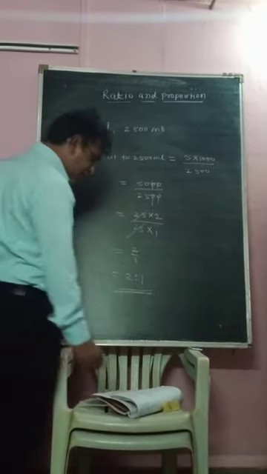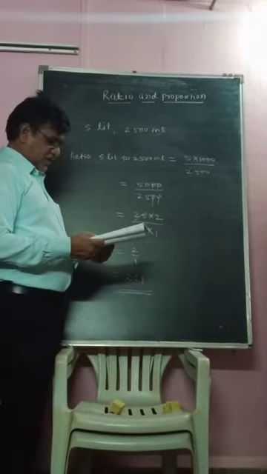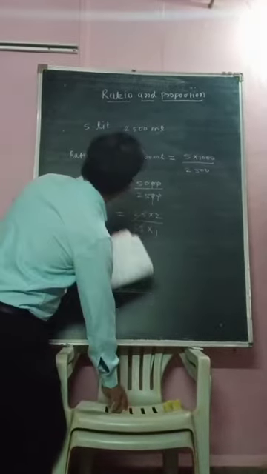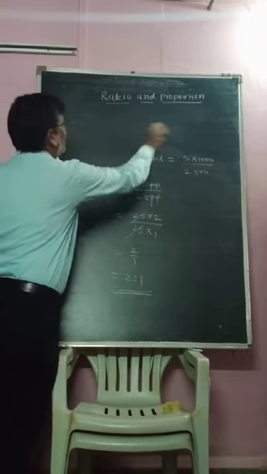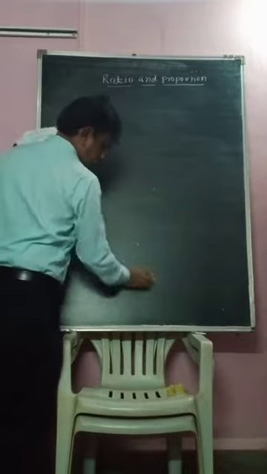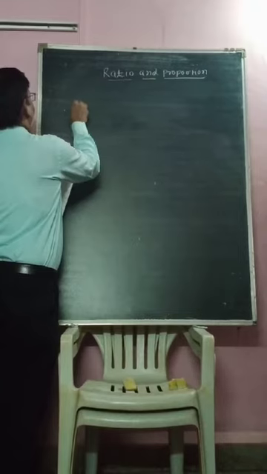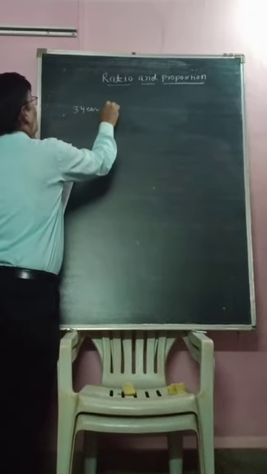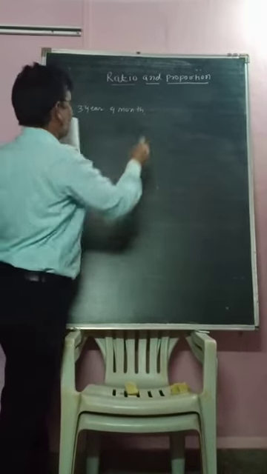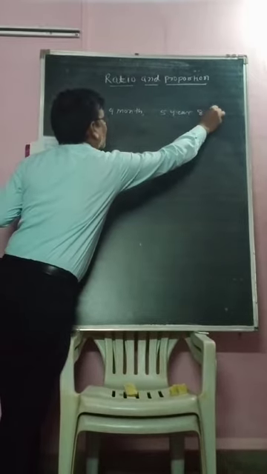Okay. Now one more example I will solve here. That is 3 year 4 month and 5 year 8 months. The fourth question is this: you have to find out the ratio of 3 years 4 months, comma 5 years 8 months.